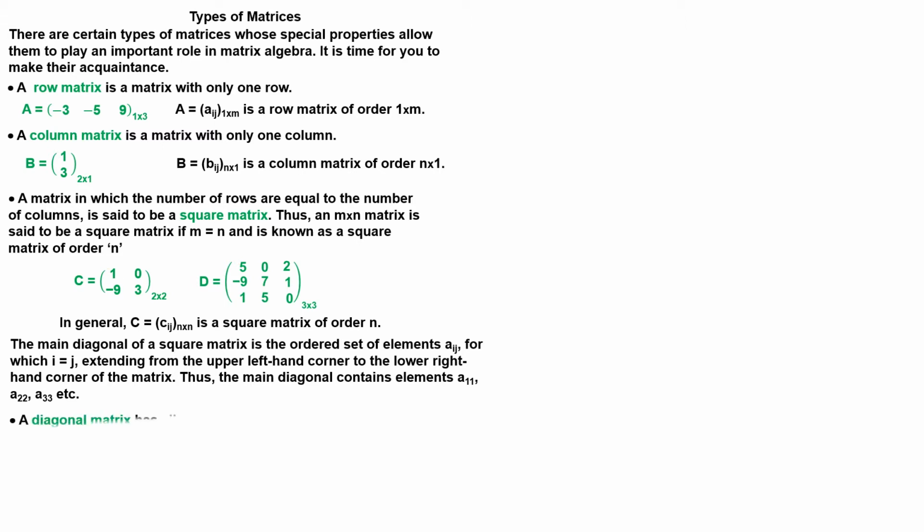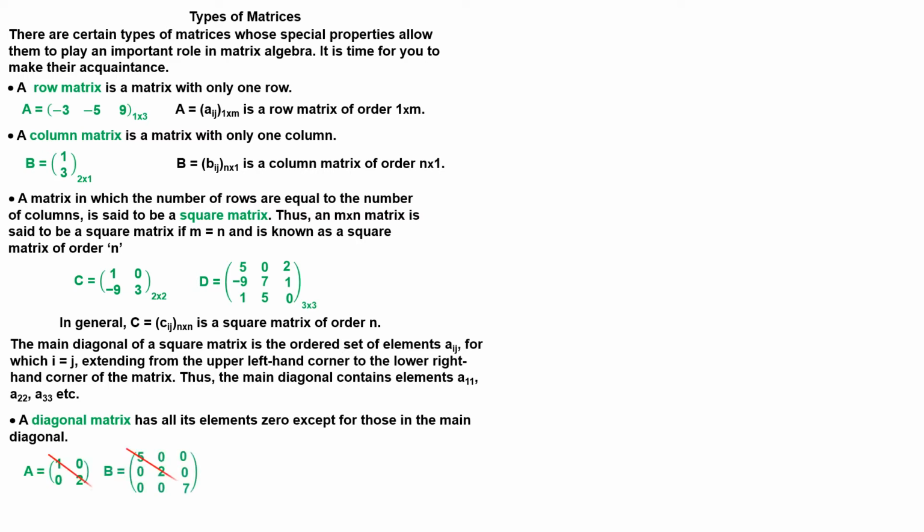A diagonal matrix has all its elements 0 except for those in the main diagonal. In general, we write a diagonal matrix as follows.